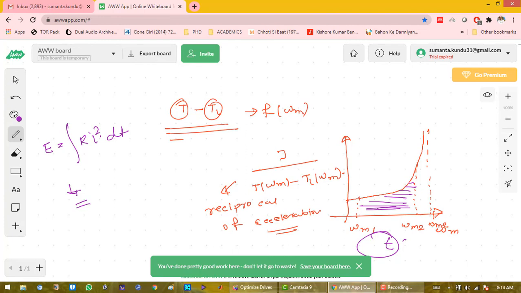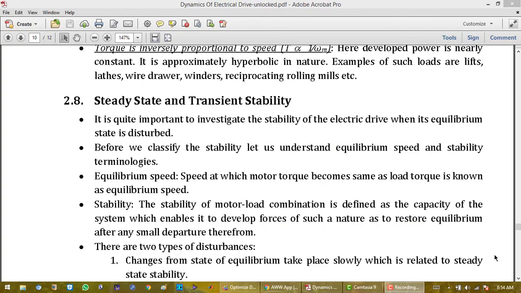Now we will discuss steady state analysis. So now, steady state stability.